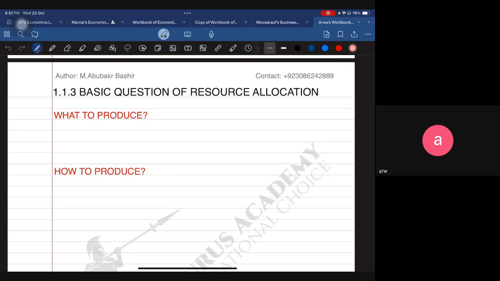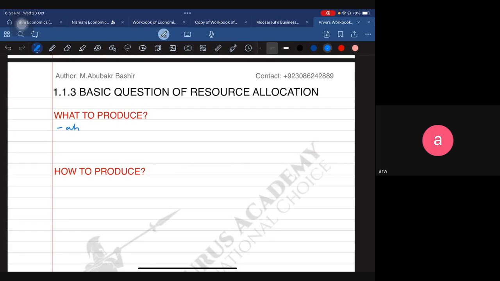It's basically individuals, households, and firms, and they have to make decisions about what they want to produce and how, what production methods they want to use, and for whom they want to produce. Is it going to be a private good, a public good, a free good, and all of those decisions. Right, fine.